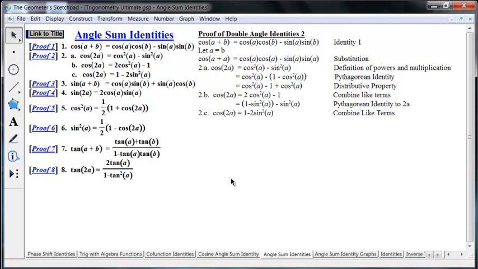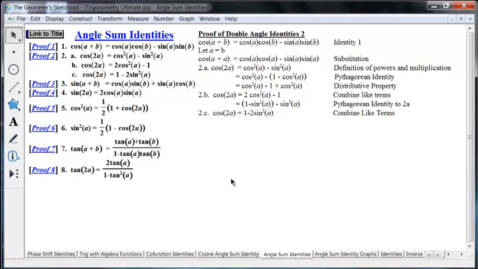Now, we can also go back to the original identity, take cosine of 2A, and say that that's equal to cosine square A minus sine square A again. But this time we apply the Pythagorean identity to that again.